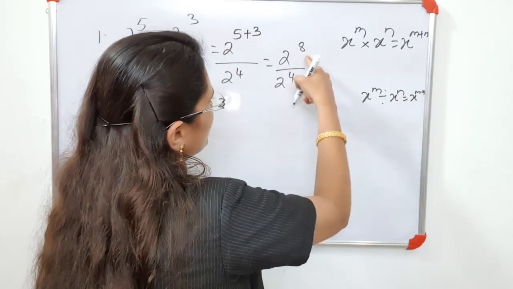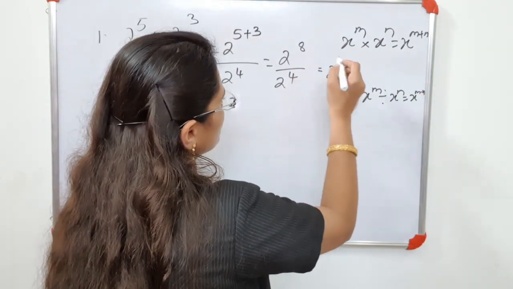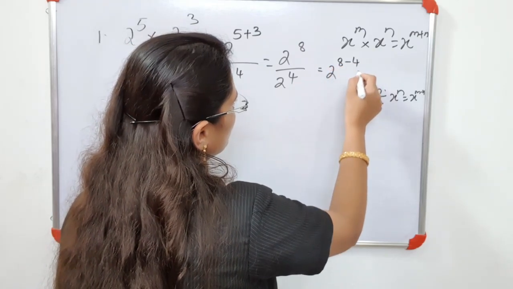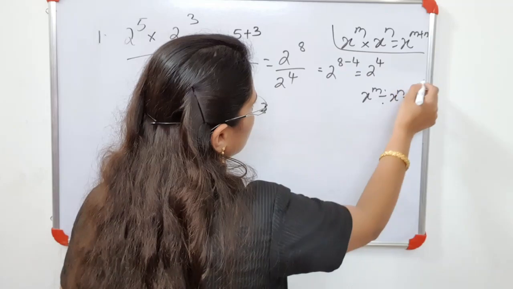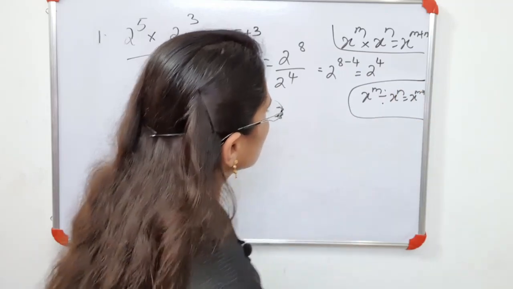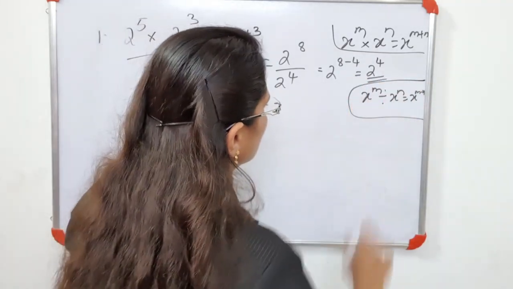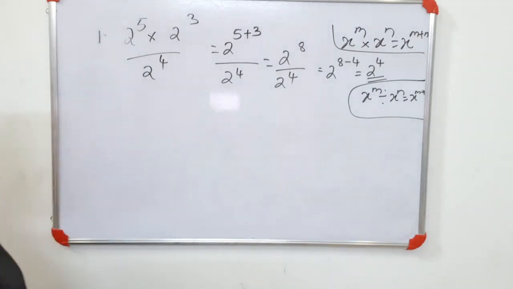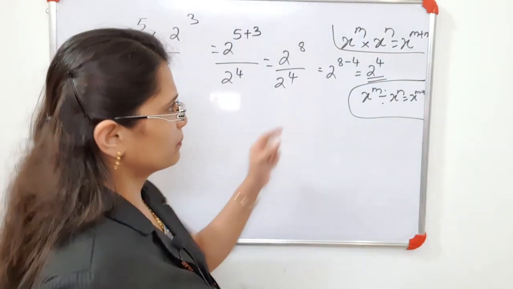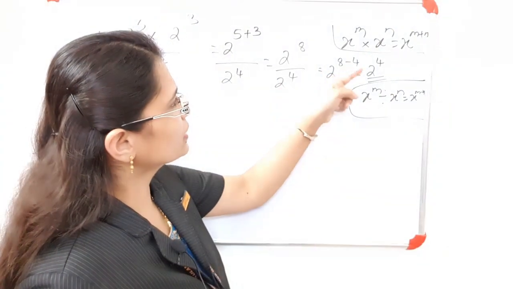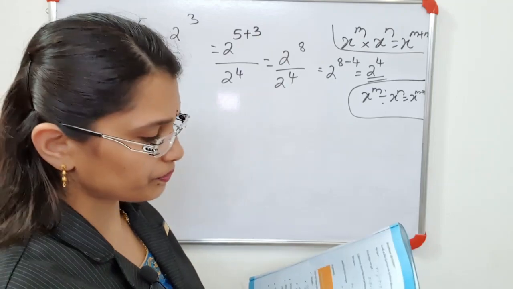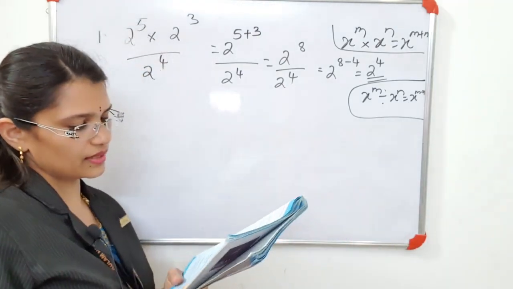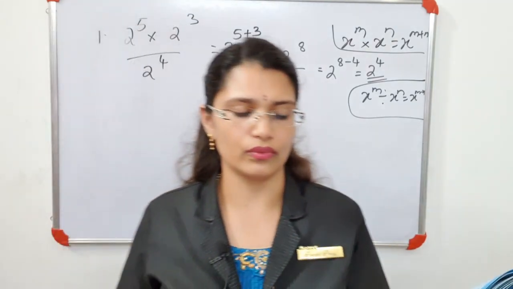So 2 raised to 8 minus 4 is equal to 2 raised to 4. So this is the answer. Then the second question you do as homework.